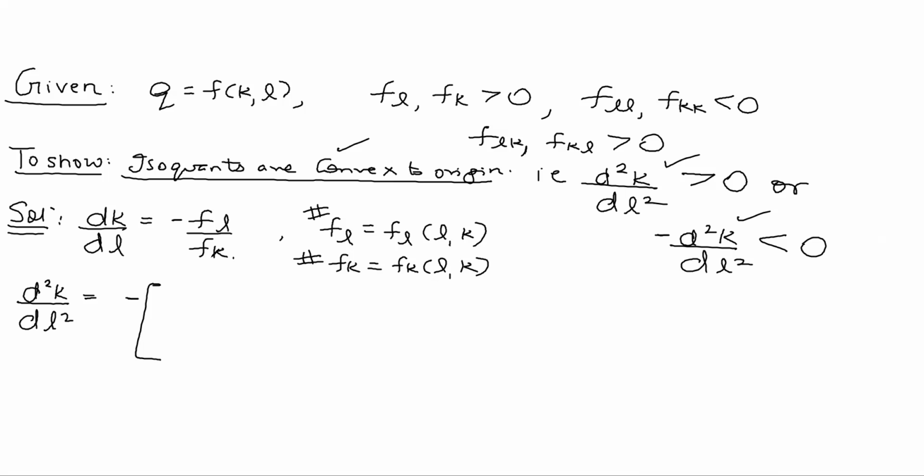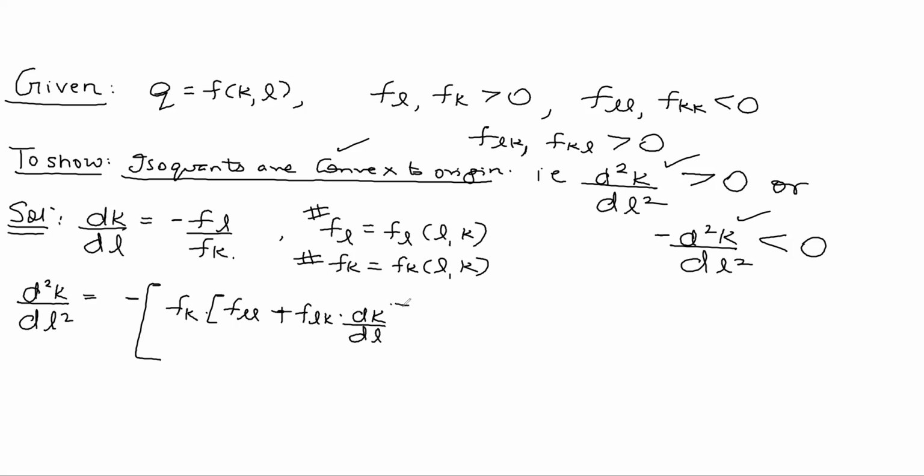How do we differentiate it? We use the quotient rule. So FK into the derivative of FL with respect to L will be FLL plus FLK into dK by dL.